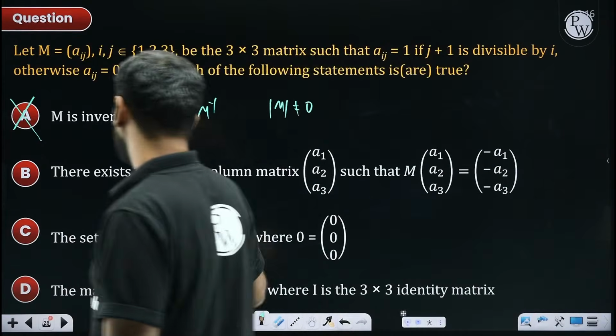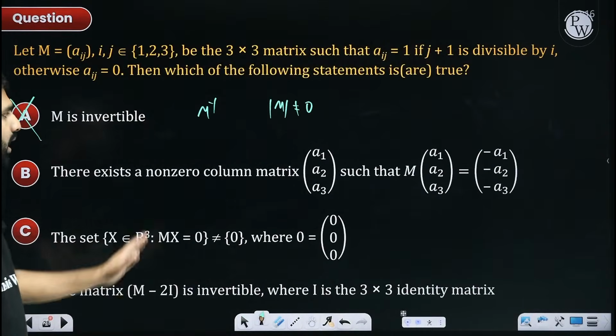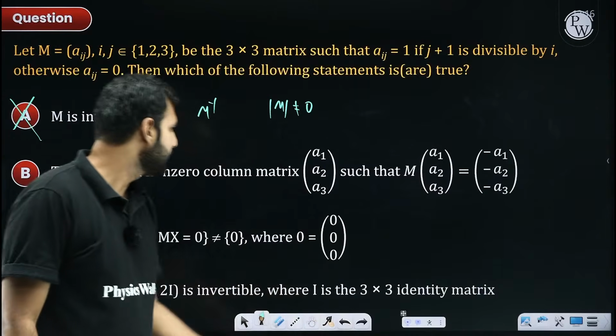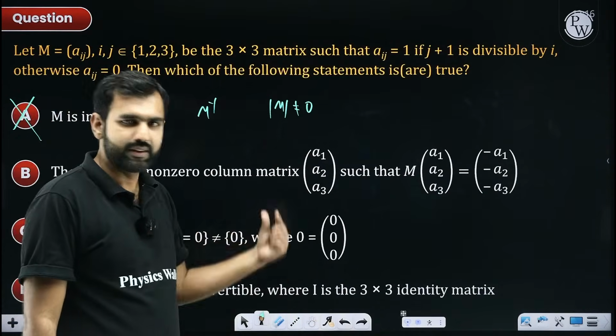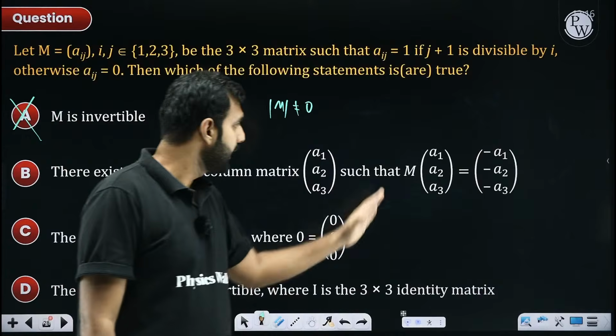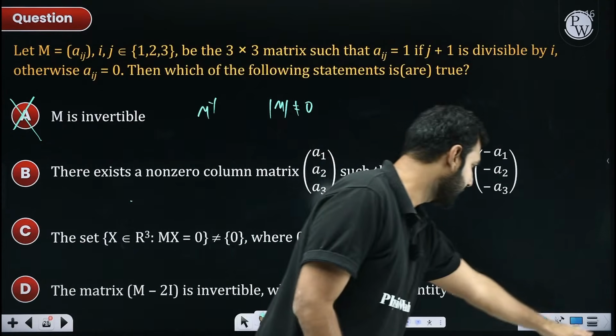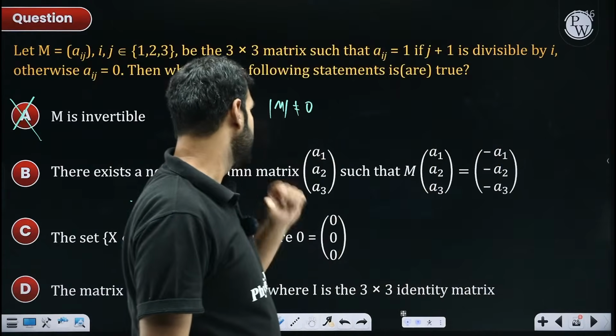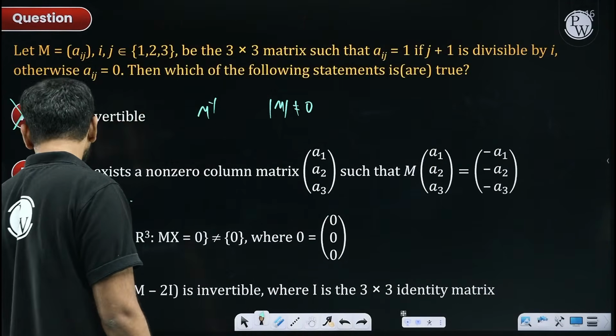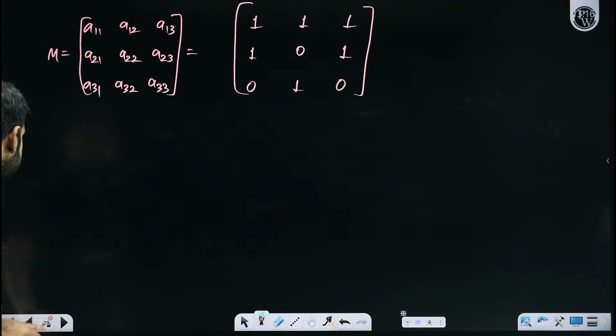Let's go to the next question. There exists a non-zero column matrix A1, A2, A3, for which M times A1, A2, A3 is minus A1, minus A2, minus A3. Okay, let's work on that result as well. So how do I club it here? Give me a moment, students.